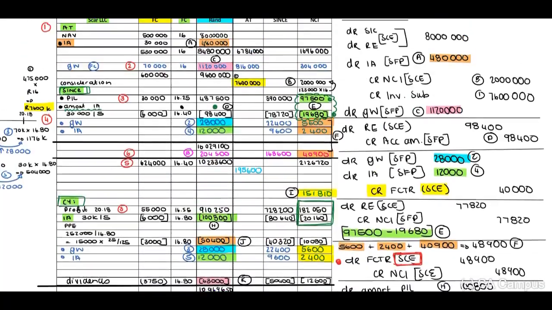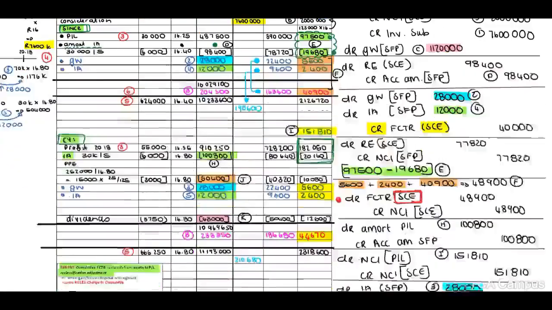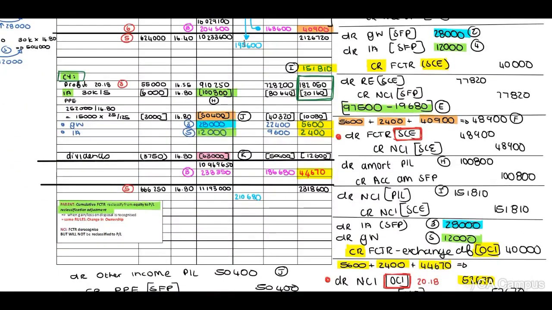Now, when we look at our analysis of owner's equity, in our parents column, the FCTR of 22,400, 9,600, and 163,600. This total is a total of 195,600. When you look at our 2018 year, 22,400, 9,600, 186,680.